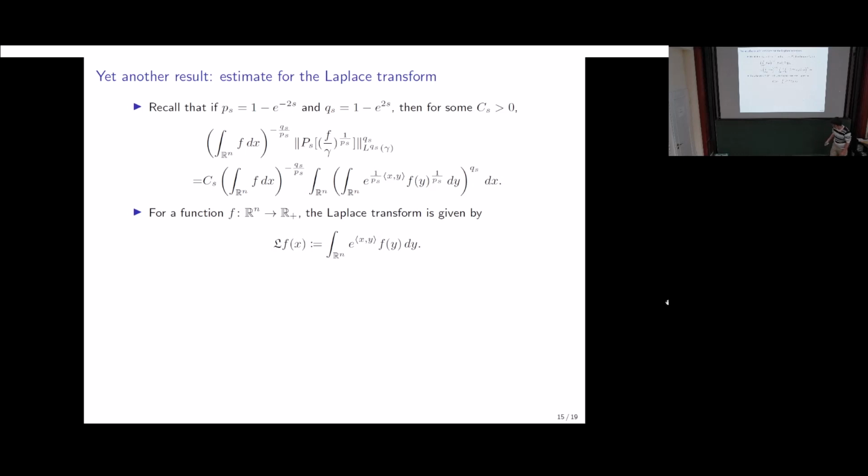Then we also mention that our reverse hypercontractivity is formulated in terms of the Laplace transform, because as I mentioned, this q-norm can be written by this term, which is actually a Laplace transform. More precisely, the Laplace transform is defined by this.